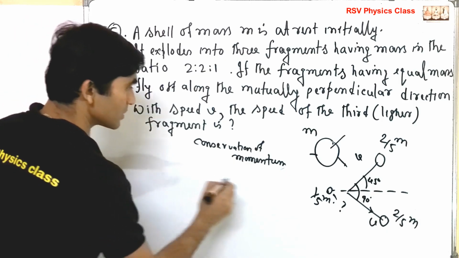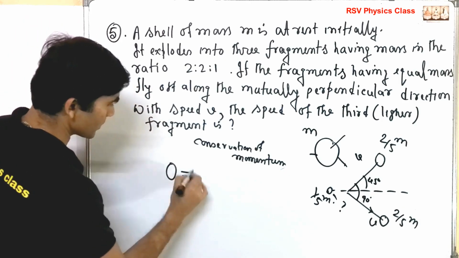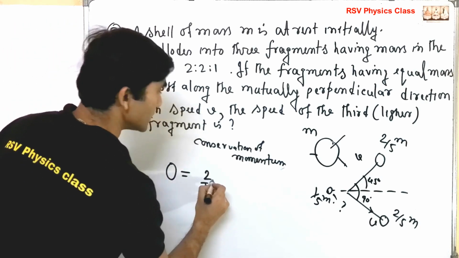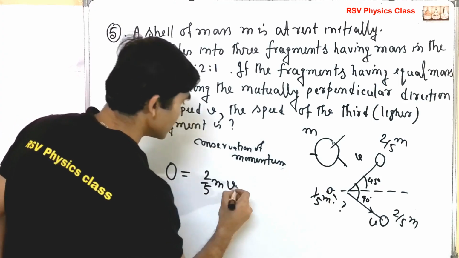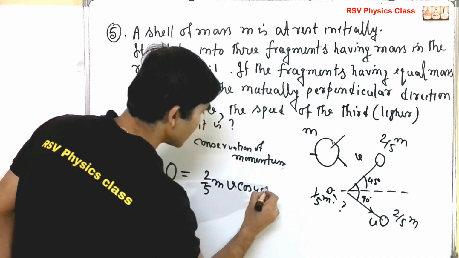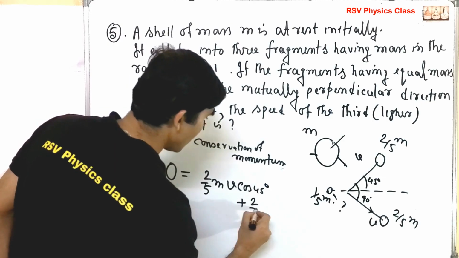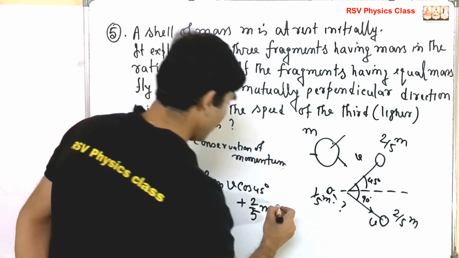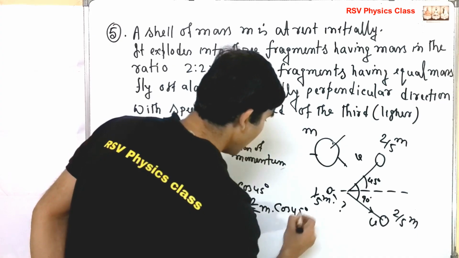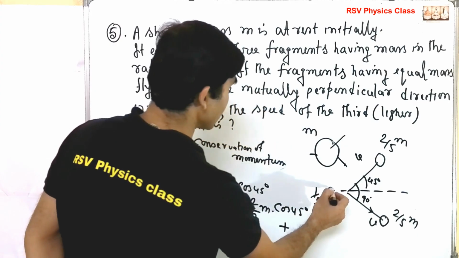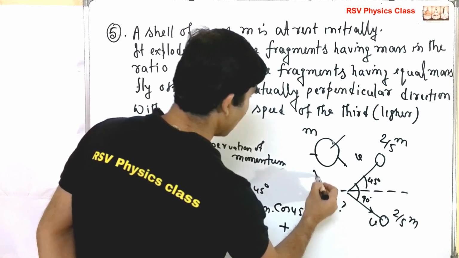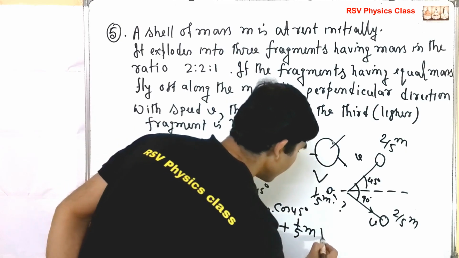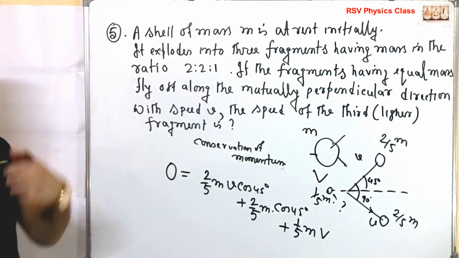So see, momentum conservation: initially along the x-axis the momentum is 0, and then 2 by 5 m v cos 45 degree plus 2 by 5 m v cos 45 degree, plus the velocity of the third is not known, let us take it as capital V. Let's see, 1 by 5 m V. We will calculate in which direction this velocity will be.